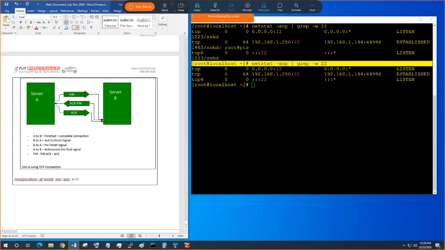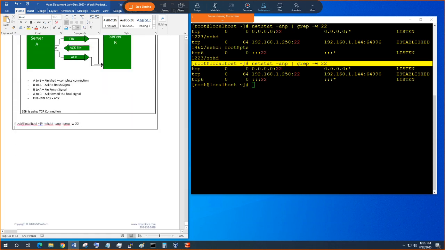And there is one more protocol we need to worry about, UDP. What does UDP stand for? Do you know what UDP is? Go ahead. No, not universal.